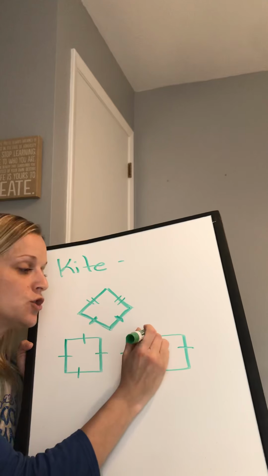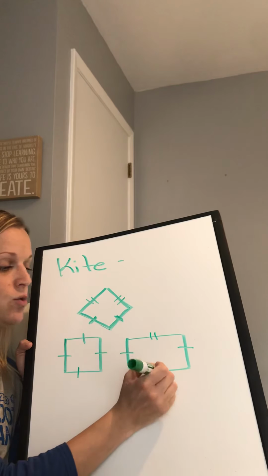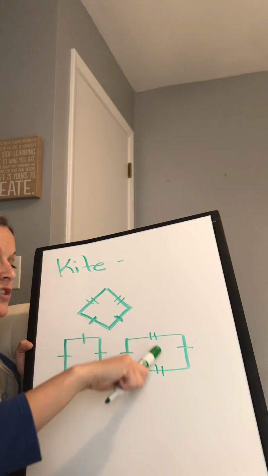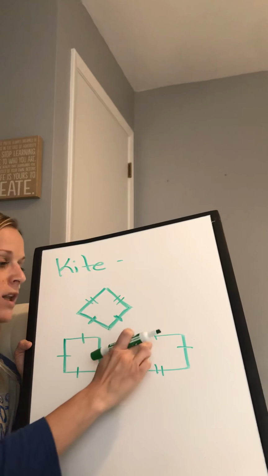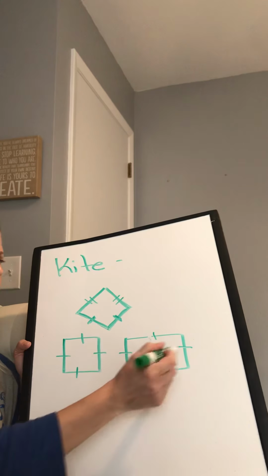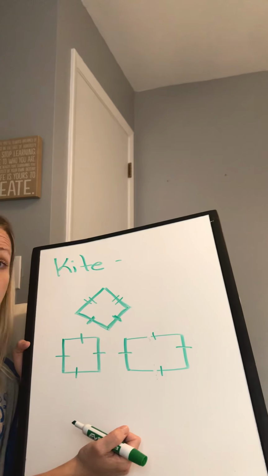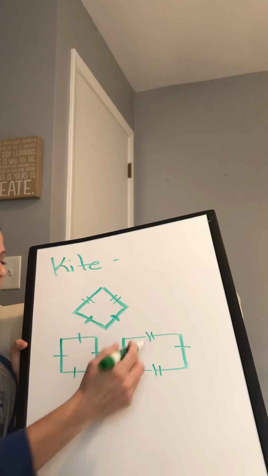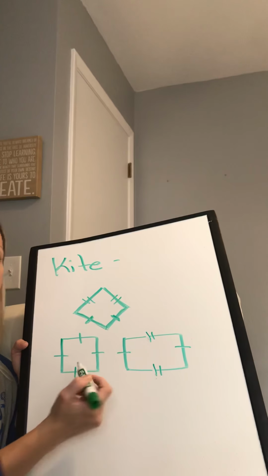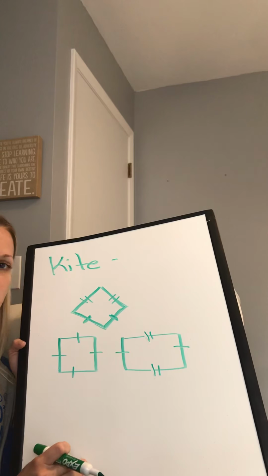But now I'm going to put 2 little lines through here and 2 little lines through here because now these 2 sides are equal to each other. Okay? If I only put 1 line through those sides, that would mean all these sides are equal and they're not in a rectangle. So I'm going to put those 2 lines there. Okay? That's what those lines mean on your shapes, and you're going to see that on your worksheet as well.